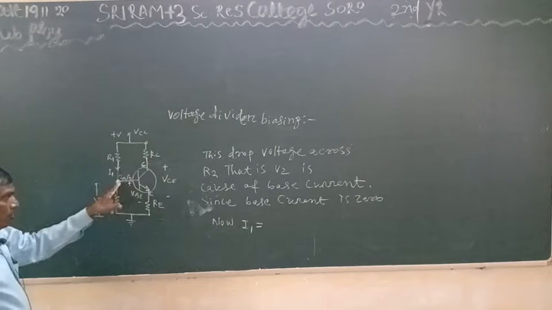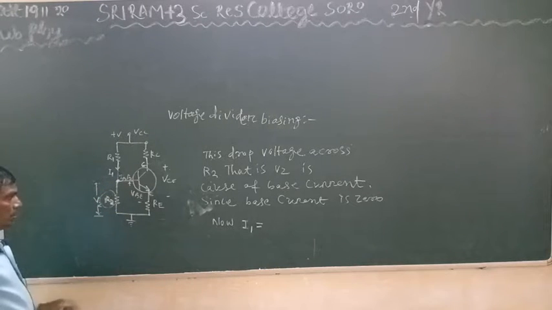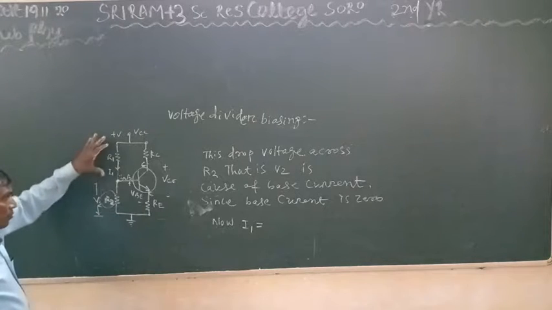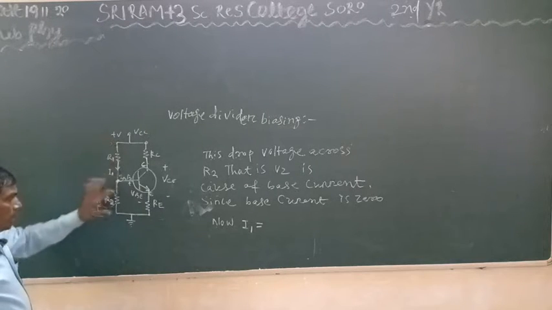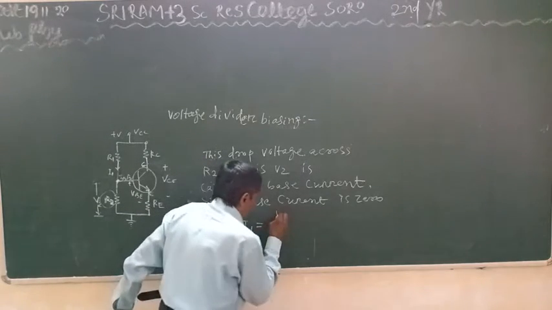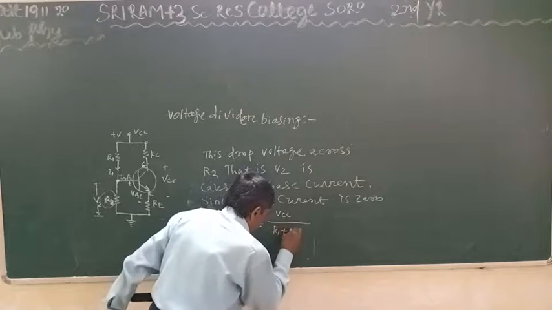There is no current through the base terminal. This I1 current flows through R1 and R2. Now the value of I1 equals VCC divided by R1 plus R2.